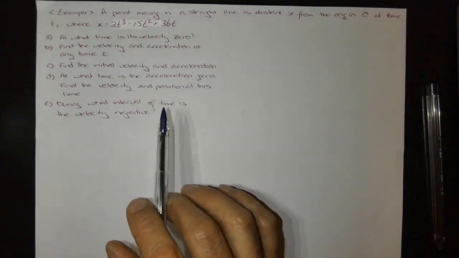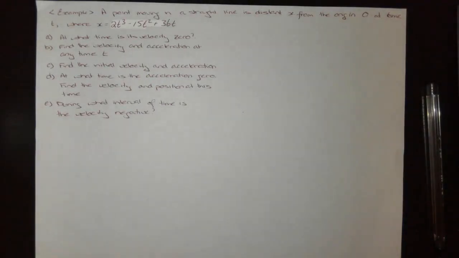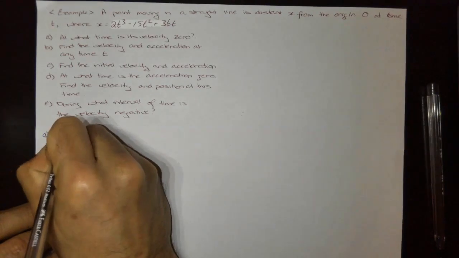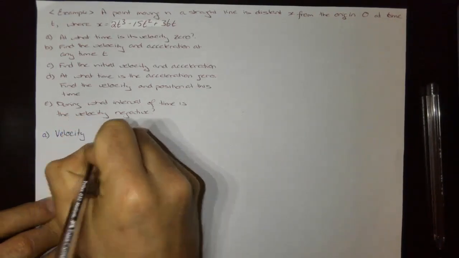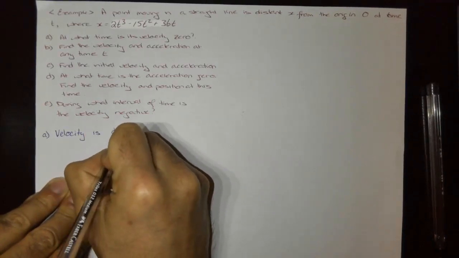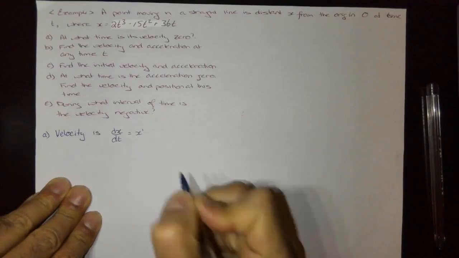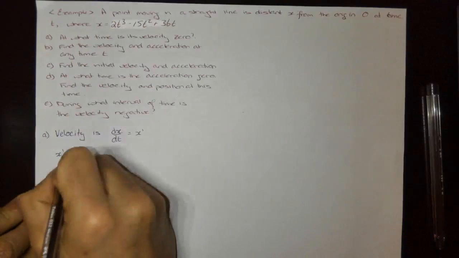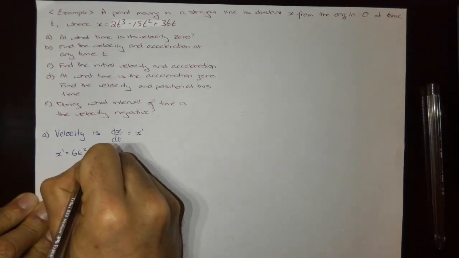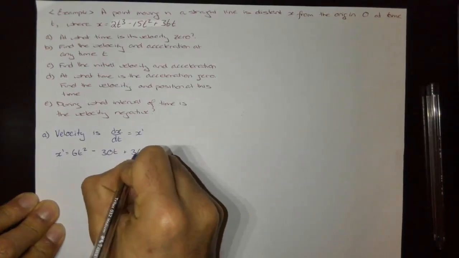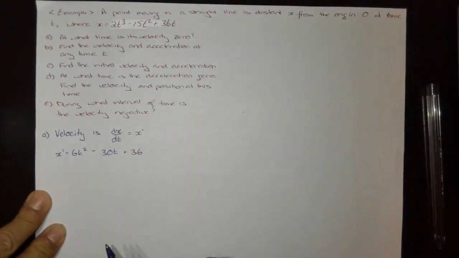We want to figure out when its velocity is 0. So velocity is equal to dx over dt, or x dash. In this case, x dash is 6t squared minus 30t plus 36. We differentiate this equation.